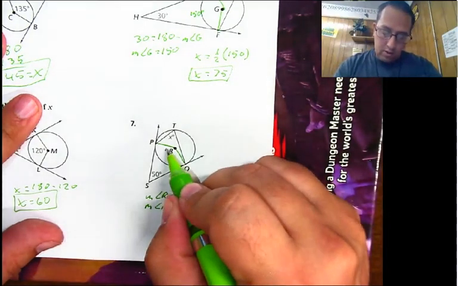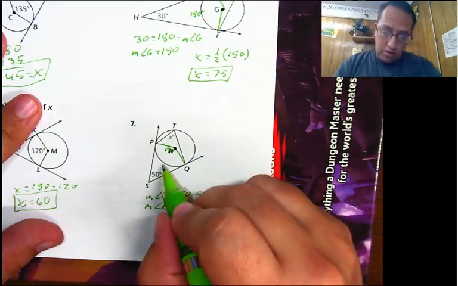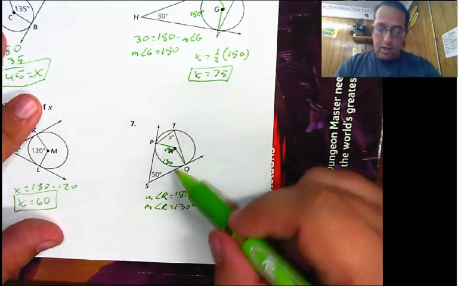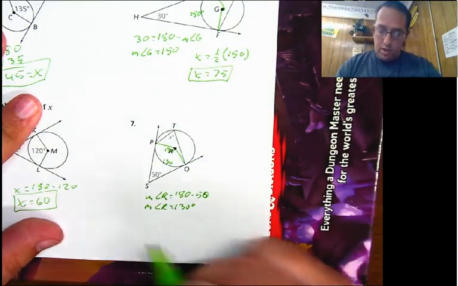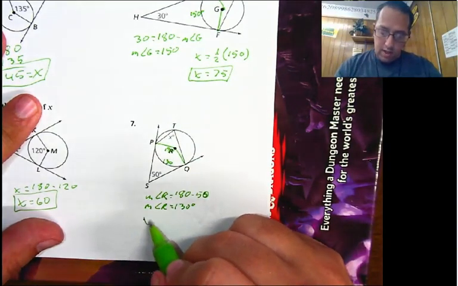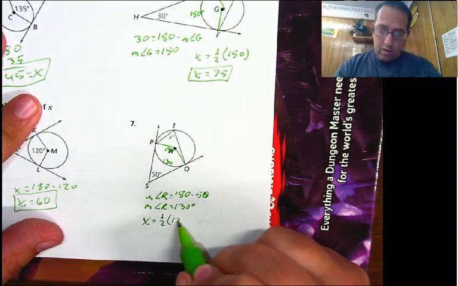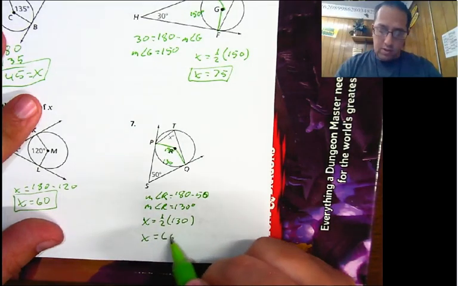So that's R, 130, which means this arc right here is also 130 because that's a central angle. And now we're going to take care of that inscribed angle PTQ. And so x is going to equal 1/2 of 130. And so x equals 65.